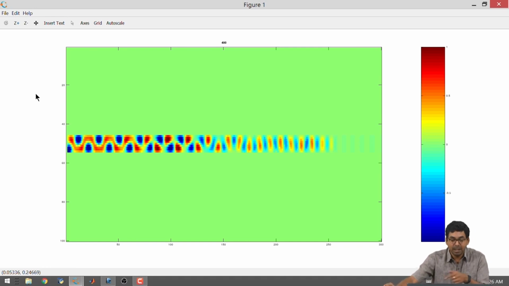In this case, I can clearly notice that there are multiple patterns emanating. Either it is like this or it is something like this. It means that this particular waveguide at this frequency is still a multi-mode waveguide.